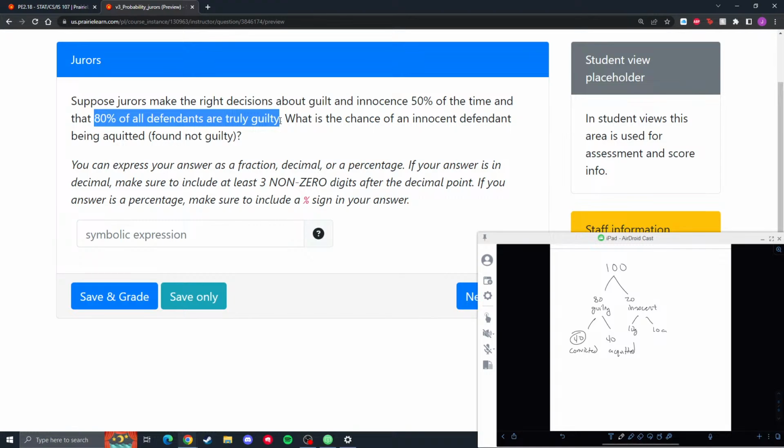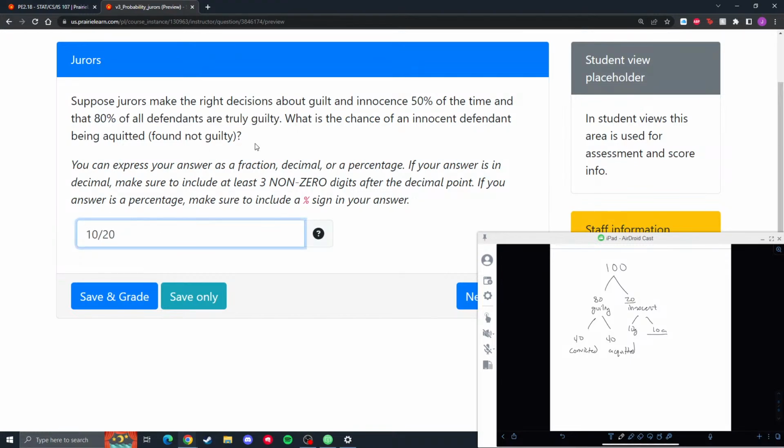So we get 40 convicted, and then you add up what you're looking for out of the total number. If it's, of all the acquitted people, how many are innocent, or what's the probability of an acquitted person being innocent, it'll be 10 over 50, because we have 50 total people acquitted and only 10 of them were actually innocent. But in this case, what is the chance of an innocent defendant being acquitted? It's the number acquitted and innocent over the number of innocent, so 10 over 20, which is also 50%, as given in the question.